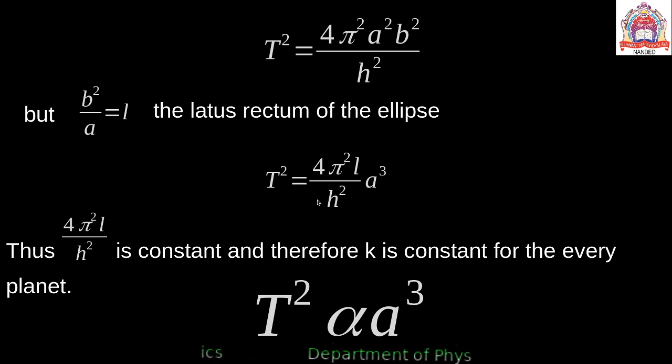This term is a constant, referred to as k for every planet, a proportionality constant. So we can say that the square of the period of the planet is directly proportional to the cube of the semi-major axis a. So these are Kepler's three laws and a simple brief description of the laws.